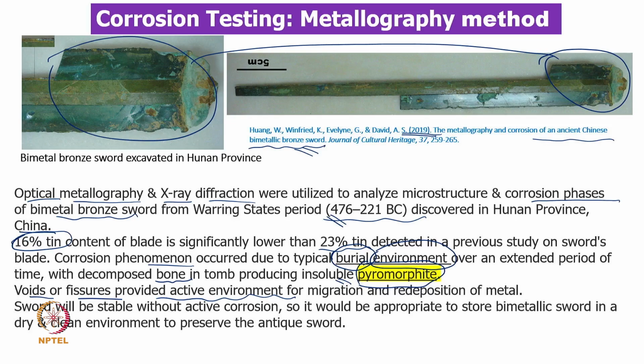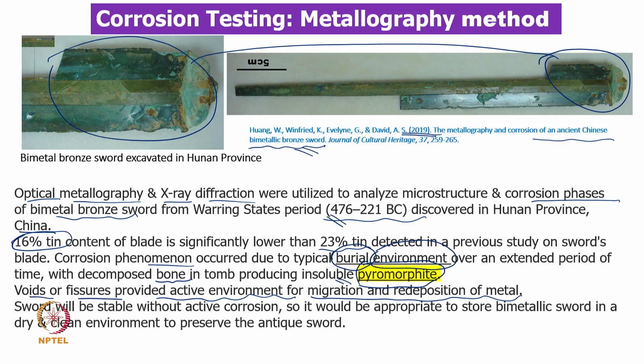So, the more corrosion happens, the more migration and redeposition of metal happens. This is what I mentioned, that tin may have been removed or migrated from one section and redeposited in another section. That is why a different kind of chemical composition is coming at a different section.